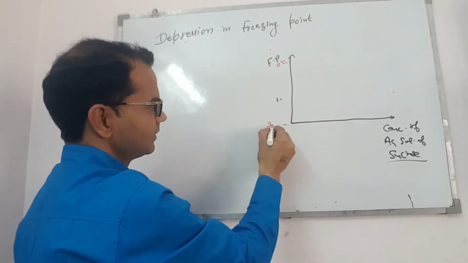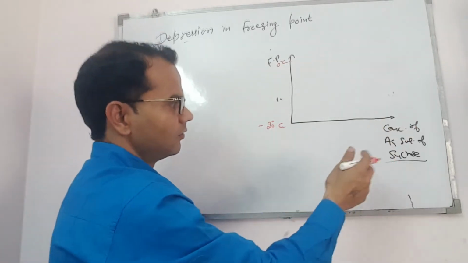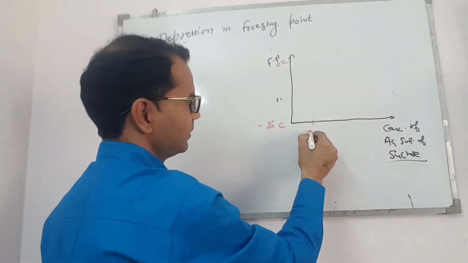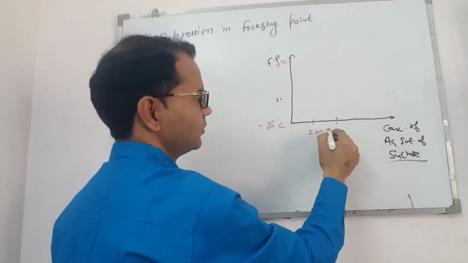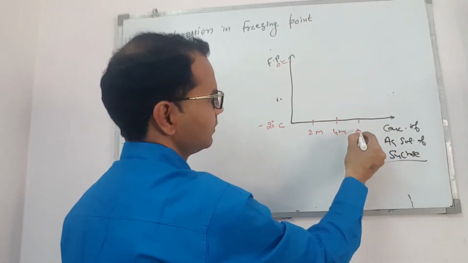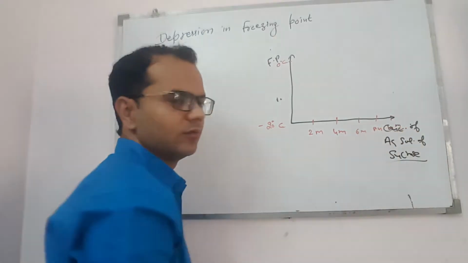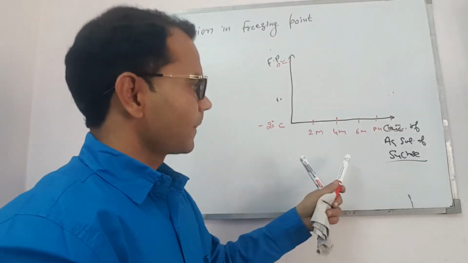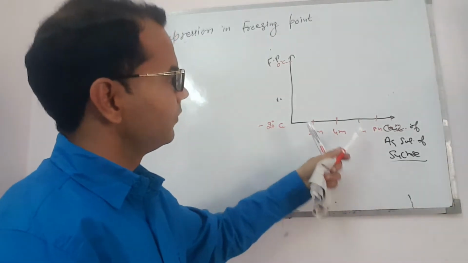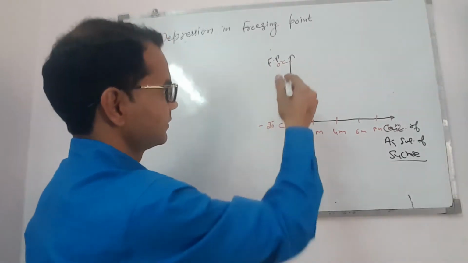I used it as minus 20 degree Celsius. On the x-axis there is increasing concentration of sucrose: 2 molal, 4 molal, 6 molal, 8 molal and 10 molal. A 10 molal aqueous solution of sucrose will freeze at minus 20 degree Celsius. So the graph will be this.